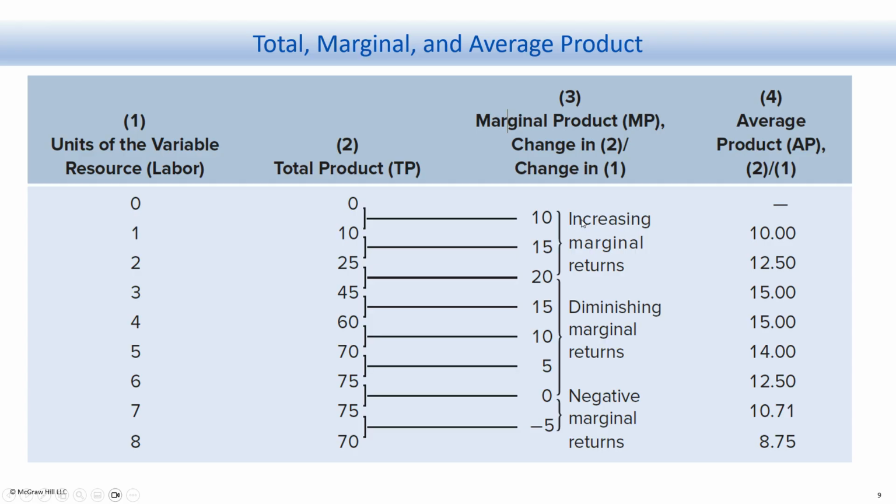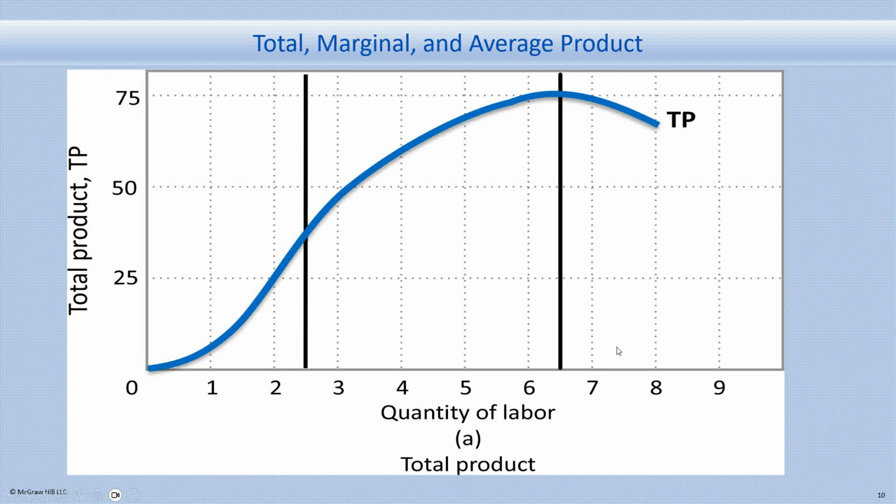But back on marginal product, notice it initially increases. That's fairly typical, but this is always the case: you will experience diminishing marginal returns. So a total product curve looks like this. You'll notice initially with the first worker and then the second worker, output's increasing at an increasing rate.